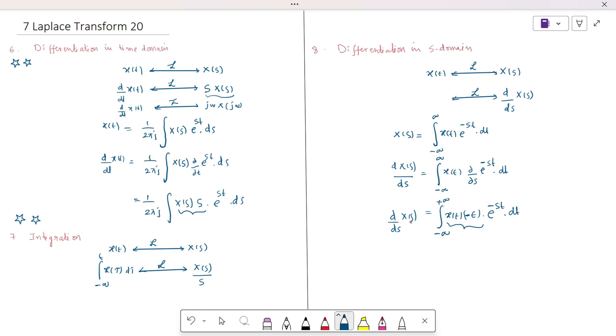So j into d by d omega of X of j omega equals t into x of t. But here there is no j. So taking the minus to the time domain, that equals minus t into x of t. Or we can also write t into x of t, its Laplace transform, equals minus d by ds. Both are the same, it doesn't matter. We can take the minus on the left side or the right side.